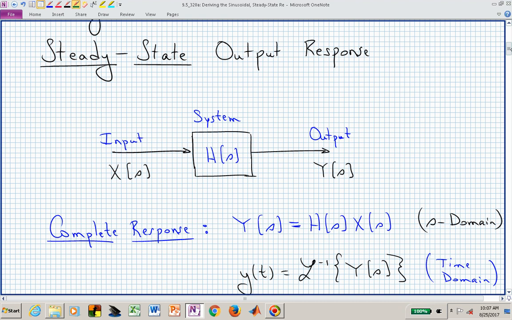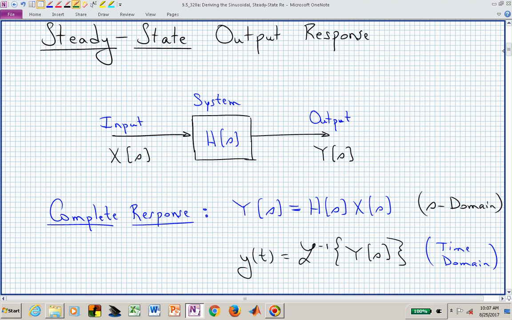We know from the block diagram that the complete response in the S domain is simply the product of our transfer function and the Laplace transform of our input signal. If we want to go back into the time domain, that simply requires that we perform the inverse Laplace on all of that information in capital Y of S. That will give us the complete response.